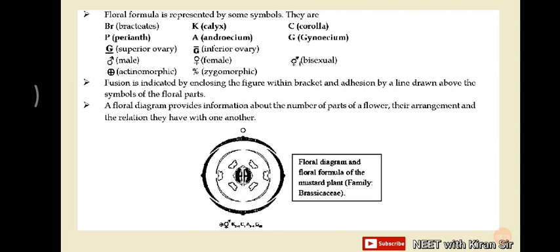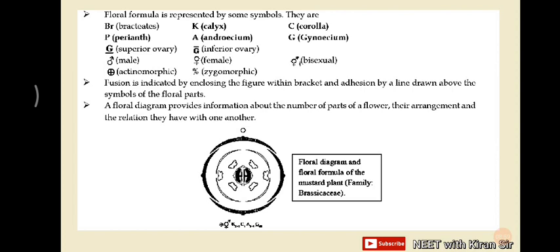The only drawback in the floral formula is that we cannot write the aestivation, but apart from the aestivation, we can write the symmetry. When I talk about symmetry of the flower, there are 3 types: actinomorphic or radial symmetry, zygomorphic or bilateral symmetry, and third, asymmetric or irregular symmetry.